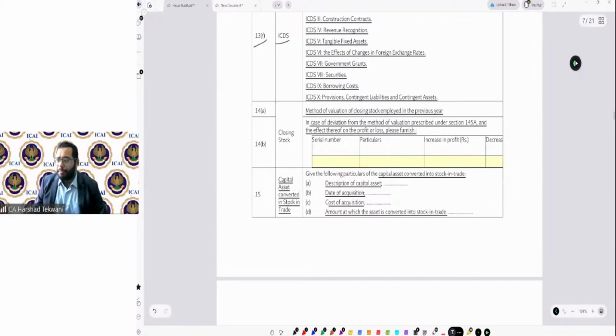But the question is, from where will you identify that these changes have happened? Like you have converted a capital asset into stock in trade.